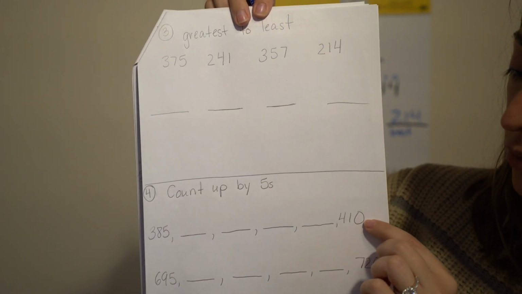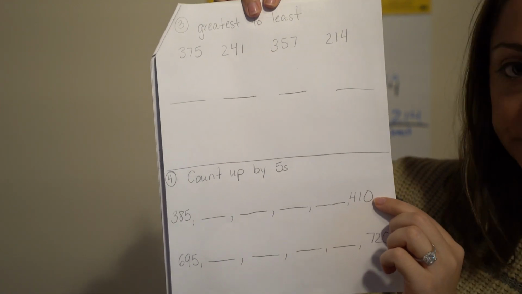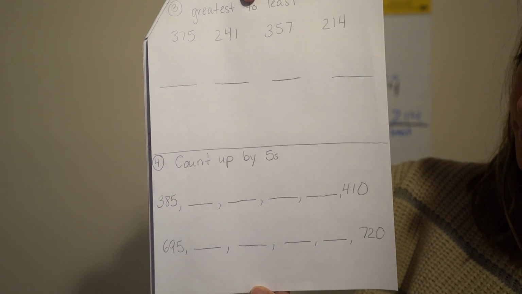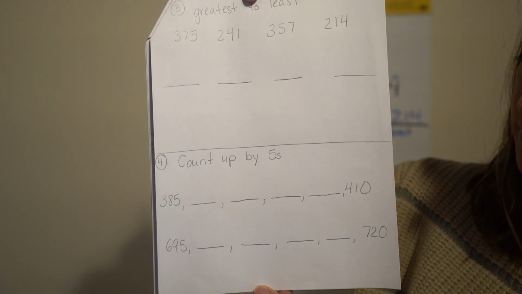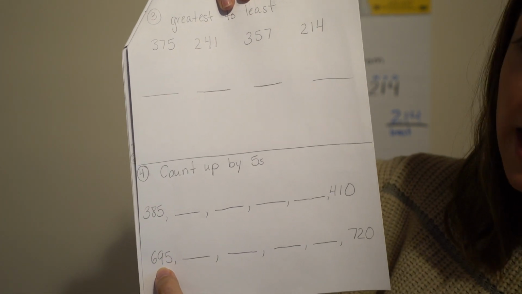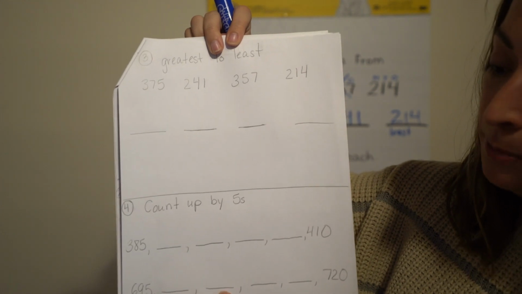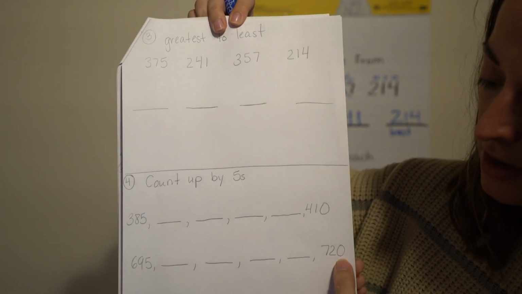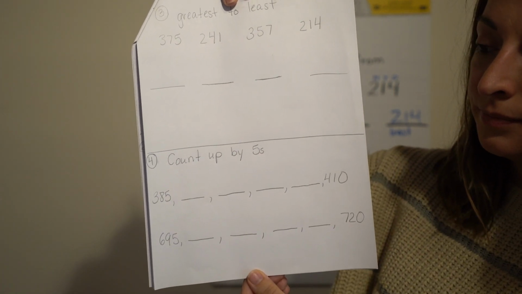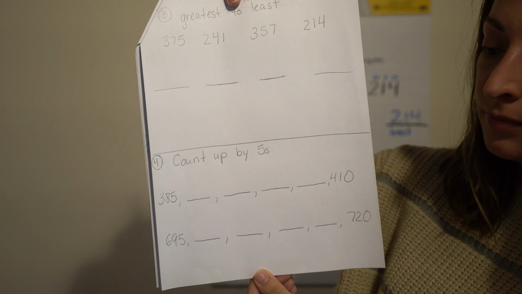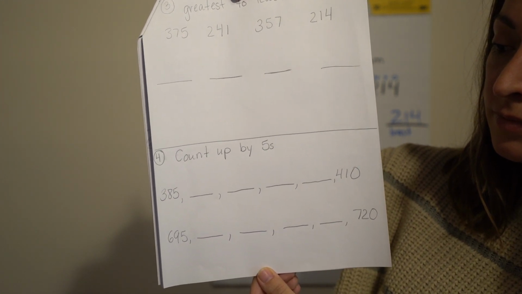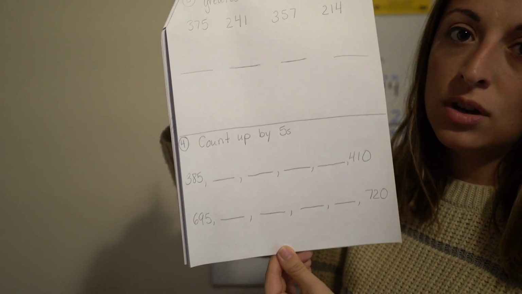Then the last number you will write 410. For the next one, under that, you're going to write 695, 4 blank lines, and then 720. If you need more time, you can look at my chart.